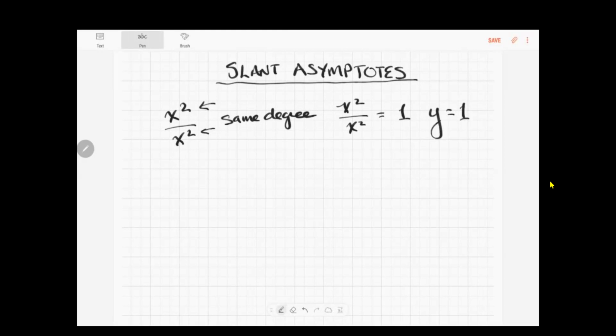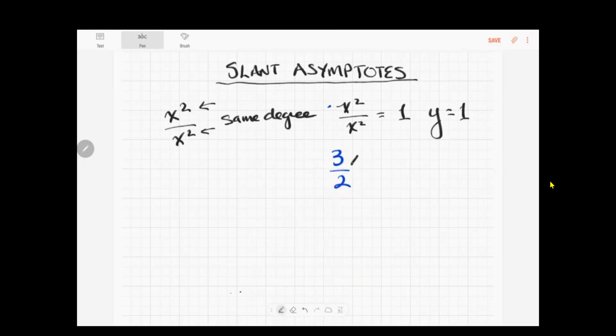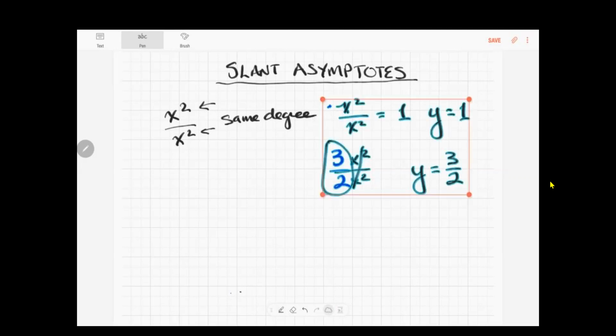If there's a coefficient in front, let's make this again: we have 3 over 2 and x squared over x squared. We cancel that out, we get 3 over 2. So in this case, the horizontal asymptote is y equals 3 over 2. So that's one that we did, which was the same degree.